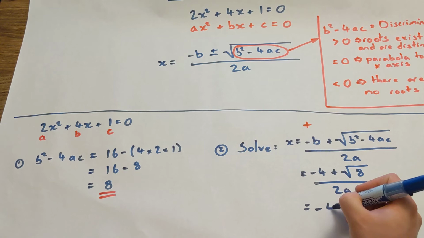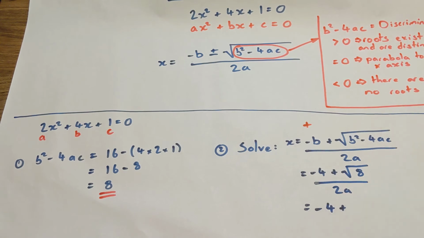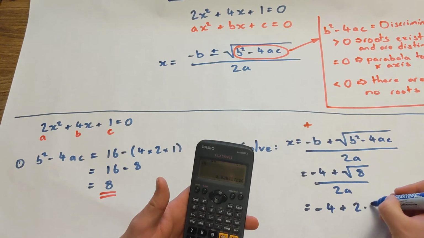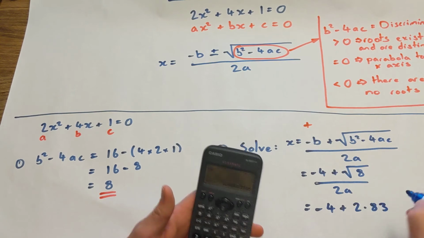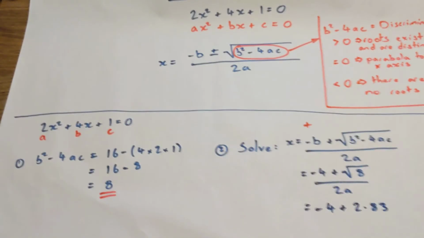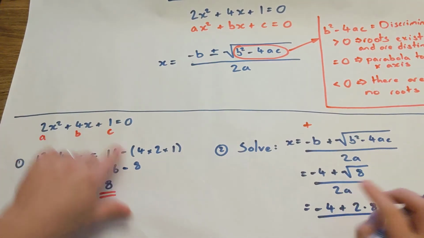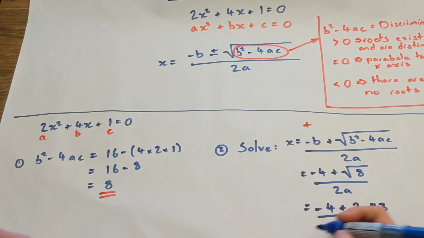The square root of 8 we'll pop on our calculators because it's not a nice one. The square root of 8 is 2.83 to 2 decimal places. Then we divide that by 2 times a, which is 2 times 1, is 2.